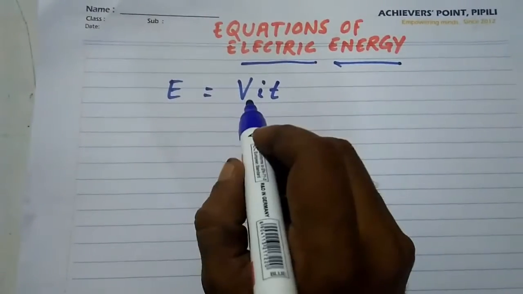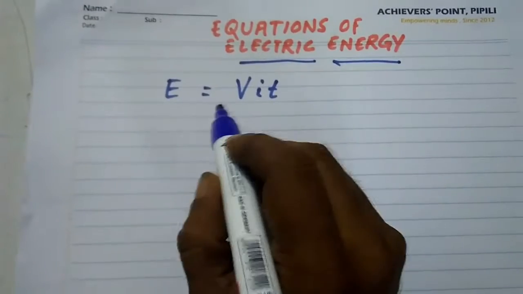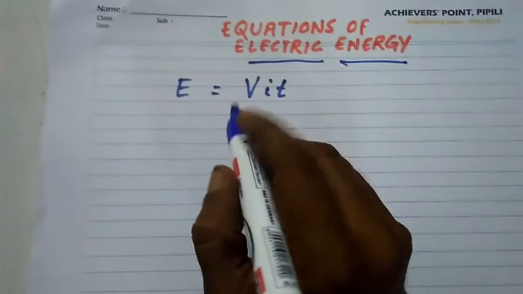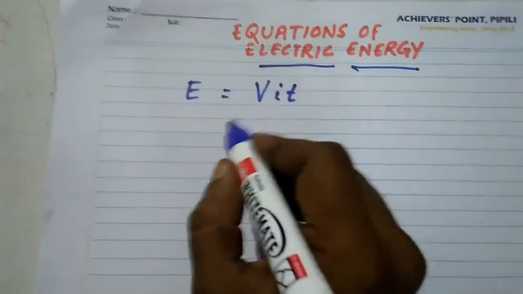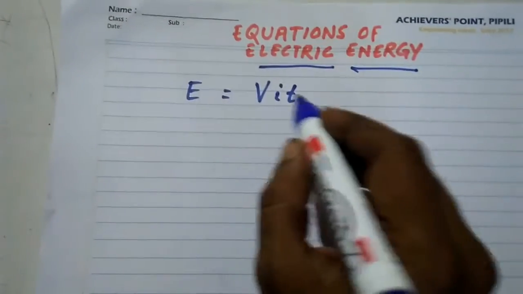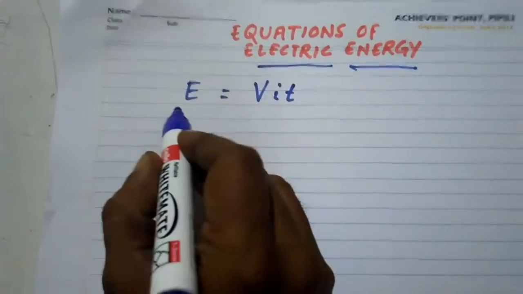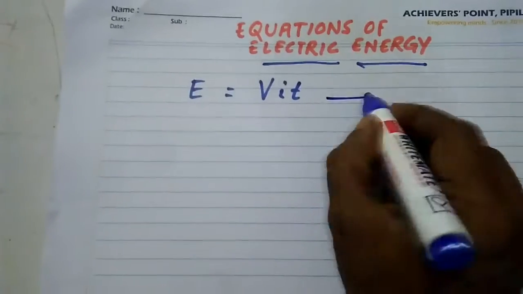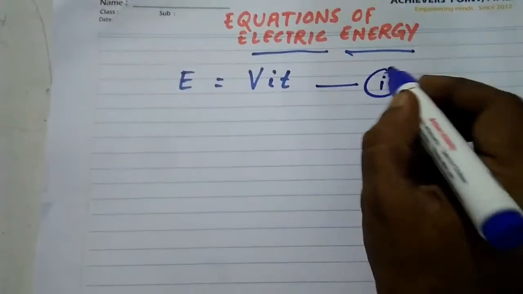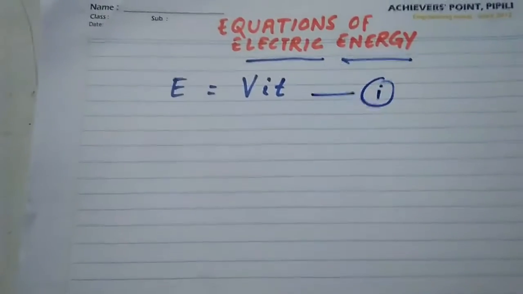So this is the product of V into I into T. We can derive different equations from this base equation. This is equation 1.